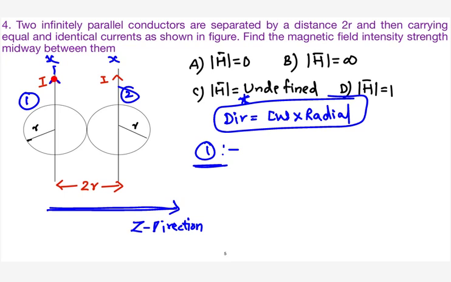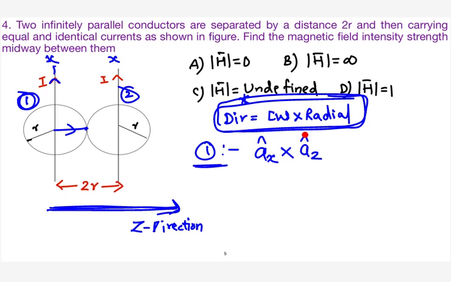Can you tell me, according to this, what will be the direction of magnetic field due to the first wire? Current is flowing in the X direction. And your radial direction will be what right now? Source to observer, which direction are you moving? You are moving in the increasing Z direction. So that will be aX cross aZ.